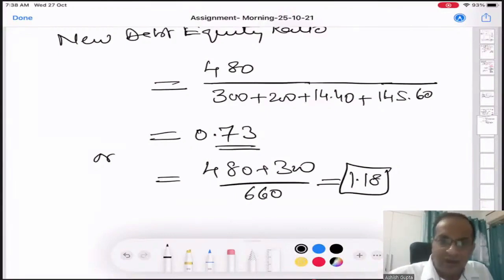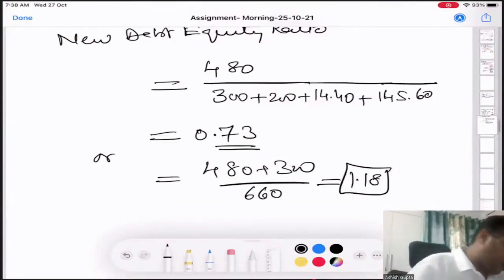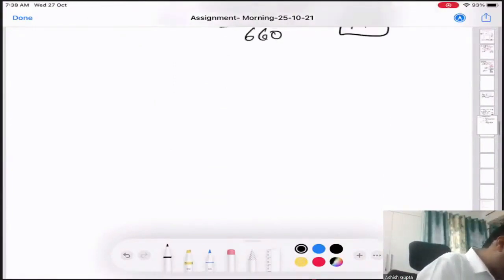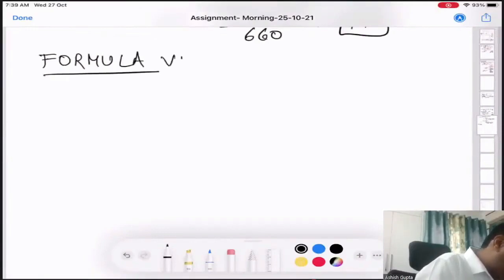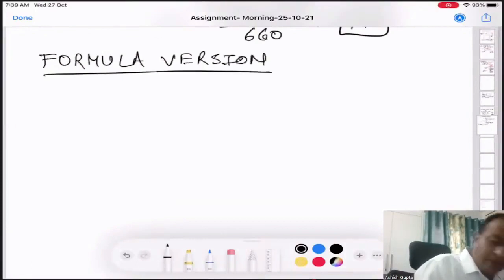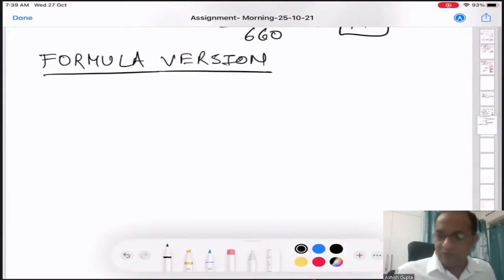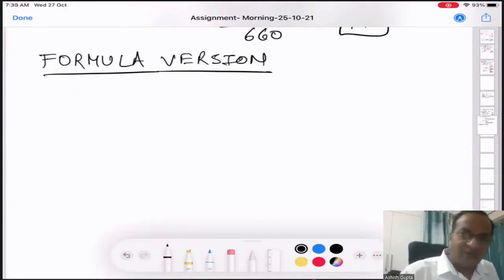Okay, students. Now, can we move to the other version, the formula version? In the first version, we have seen the external funding requirement.